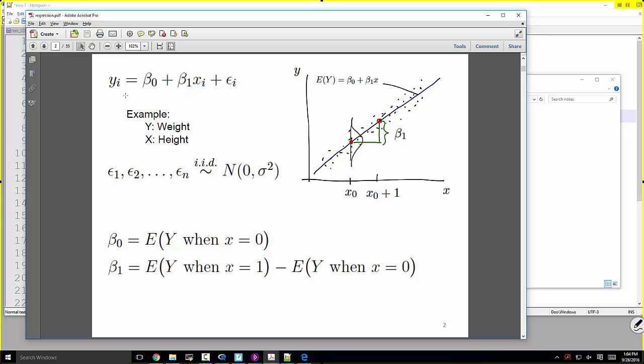The model is of the form, the response for individual i is equal to a line as a function of xi, that's the predictor variable for individual i, but then we're allowing for there to be random variability about these means.